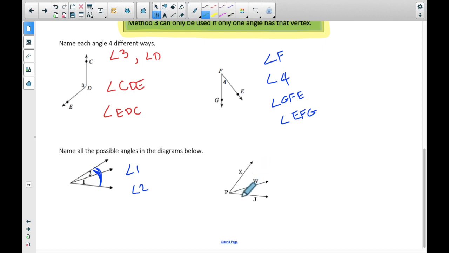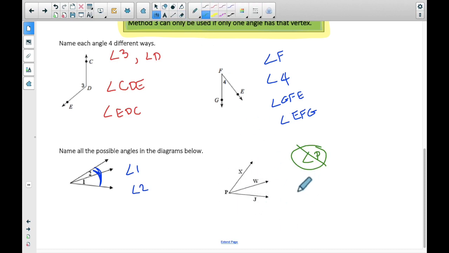On this one, again, we have three different ones. We have this angle, we have this angle, and then we have the whole angle. And this is one I said a minute ago that I'm going to show you an example where it doesn't work. I cannot call this angle P. Why not? Well, if I called it angle P, which one am I talking about? Am I talking about the top one? Am I talking about the bottom one? Or am I talking about the whole thing? So you cannot say angle P. It's not specific enough.